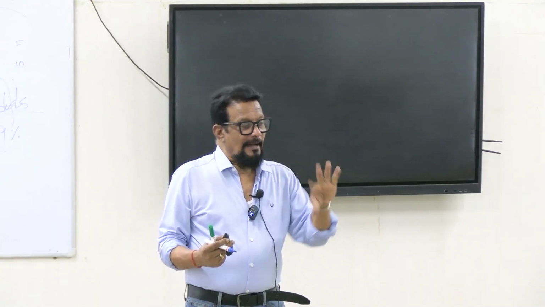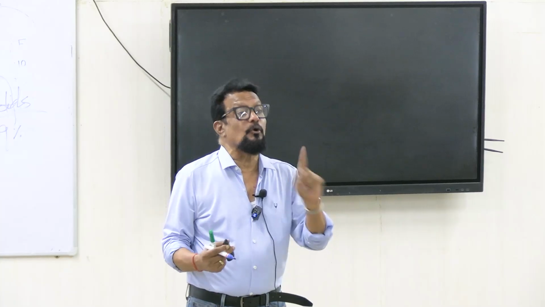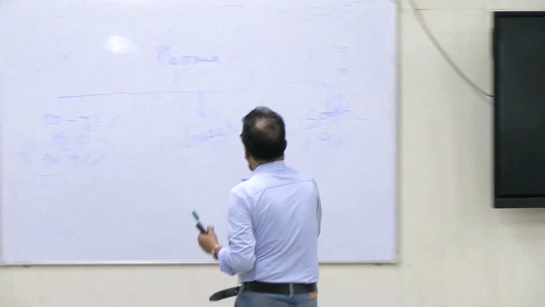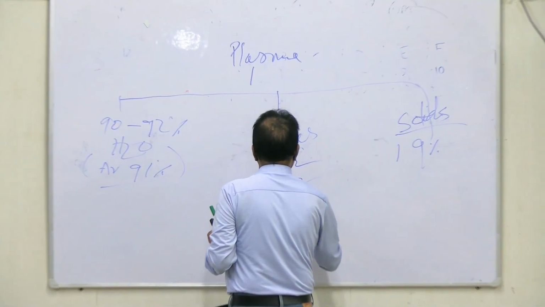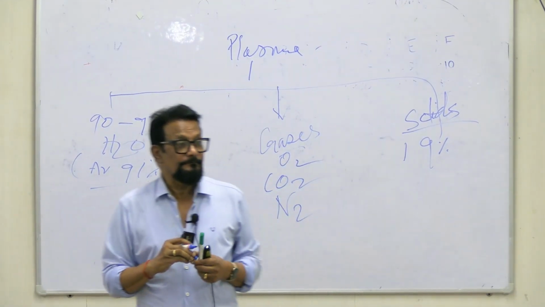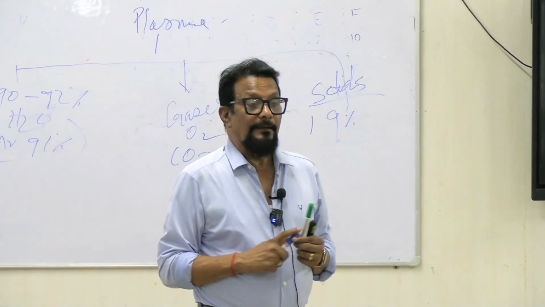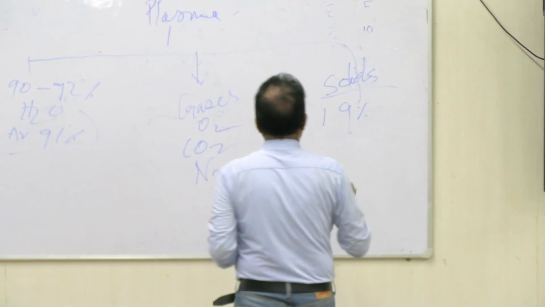Either as physical solution, very little, and mostly as a chemical compound, oxyhemoglobin. So oxygen should be there. Carbon dioxide should be there. Nitrogen should also be there. So these are the gases present in plasma. Now let us come to solids.